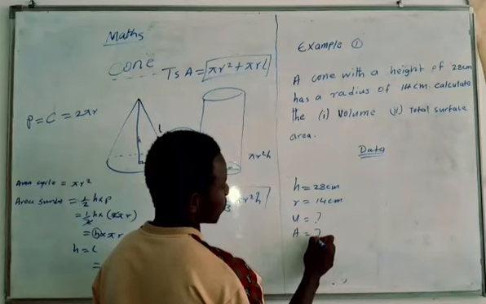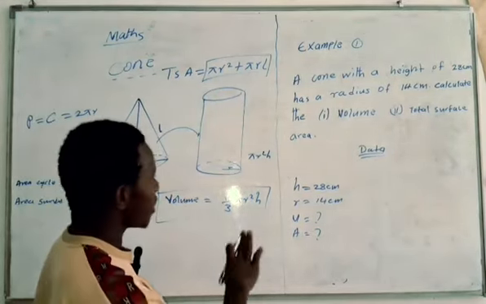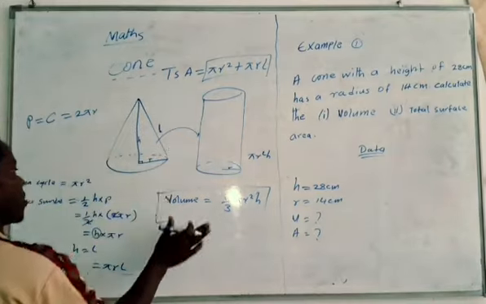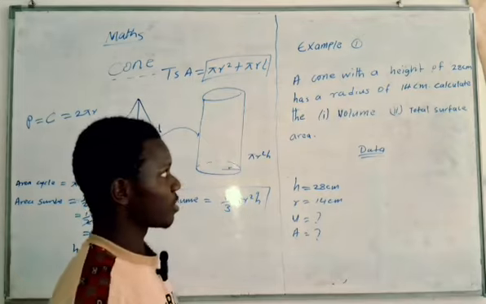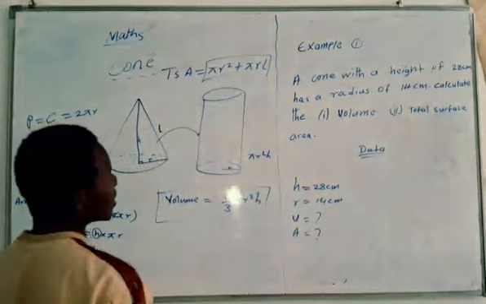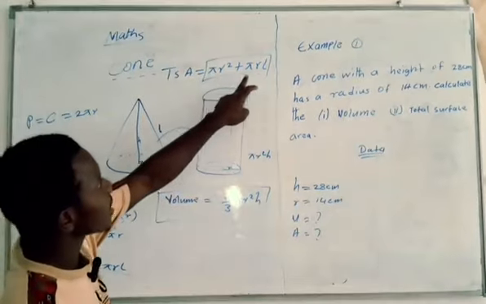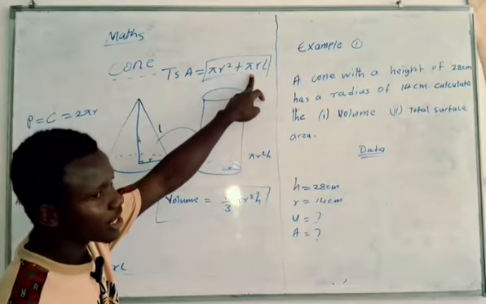That's the area, which is the question mark. So from this one, we have our formulas. The two formulas are here, so we can use them straight away and find our volume and total surface area. But if you look at the total surface area formula, L is given, not H. Instead, L is the one given.